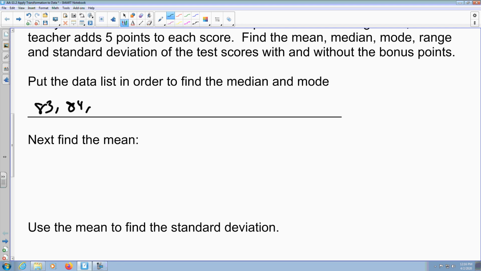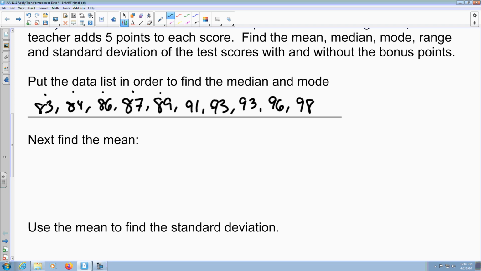Then it's going to be 86, 87, 89, 91, 93. There's two 93s, 96, and a 98. Let's just make sure: 1, 2, 3, 4, 5, 6, 7, 8, 9, 10. All right, so we're good there.